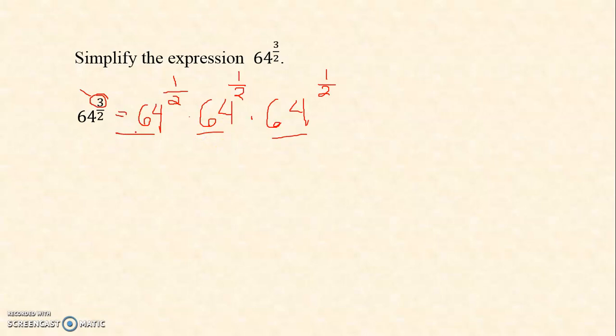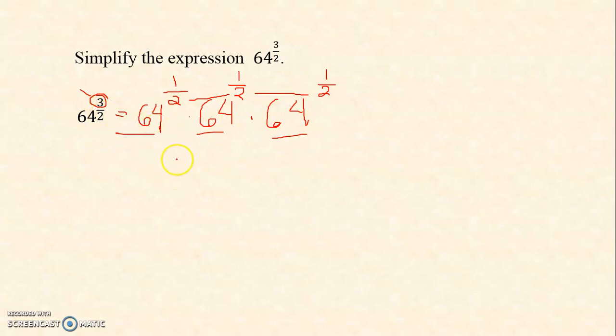According to the laws of exponents, if they have the same base, you're just going to add the exponents, right? Copy the base, which is 64. You're going to add the exponents. Try to observe. The denominators are the same, so just copy the denominator, which is 2. So all you need to do is add the numerator. So 1 plus 1 plus 1, that is 3. Okay? So this is the expanded form of 64 raised to 3 over 2.